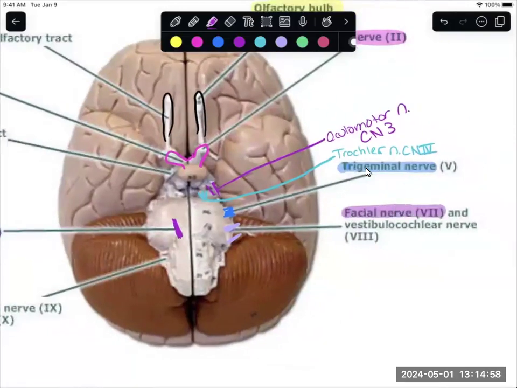So facial nerve is cranial nerve 7. That's the nerve of facial expression. It lets you make faces. It does have some parasympathetic because it's going to help with that lacrimal gland in your eye to produce tears, but it's mainly motor. Then we have vestibulocochlear, which is cranial nerve 8. That allows for hearing, that equilibrium, that balance.